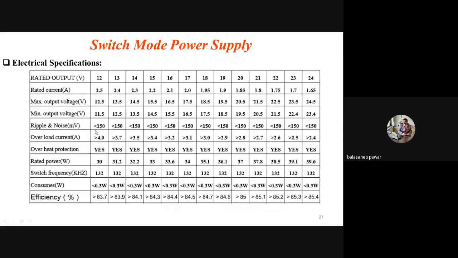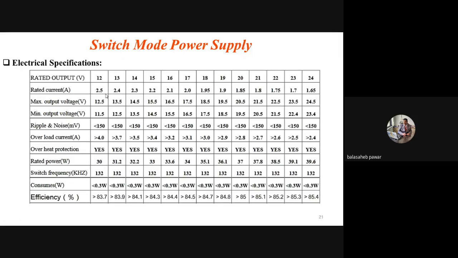Okay, then overload current in ampere. So see, rated current is given as 2.5. Means what? We should consume current from such a charger up to 2.5. Expected is like this, right?